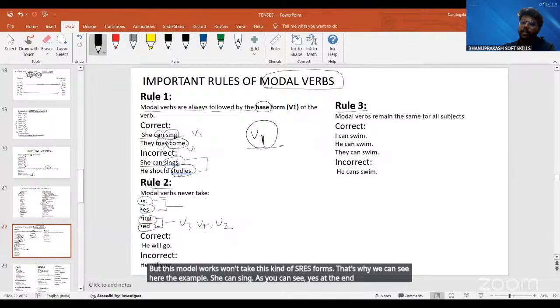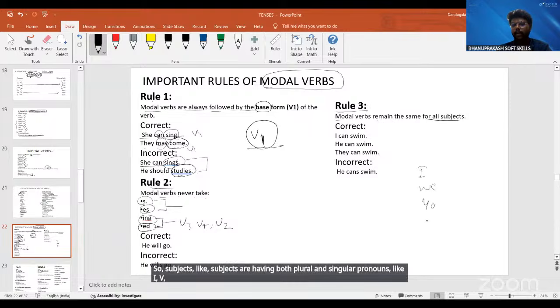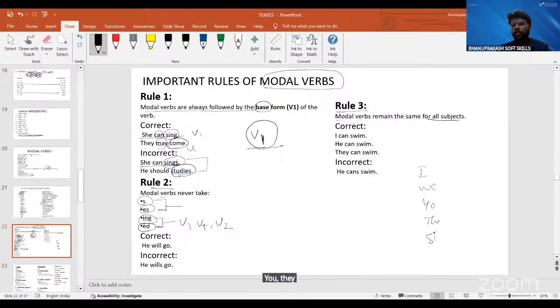And now rule number 3, modal verbs remain the same for all subjects. Subjects have both plural and singular pronouns like I, we, you, they, she. So it is a combination of both singular and plural.